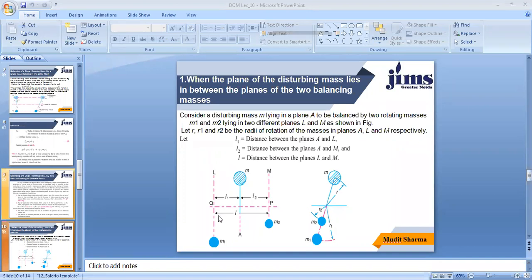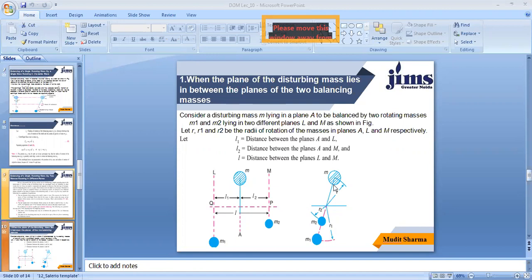Small l is the total distance between the plane M and L. Now, let us suppose R is the radius of rotation for the disturbing mass, the distance from the axis of rotation to the CG point of this disturbing mass.